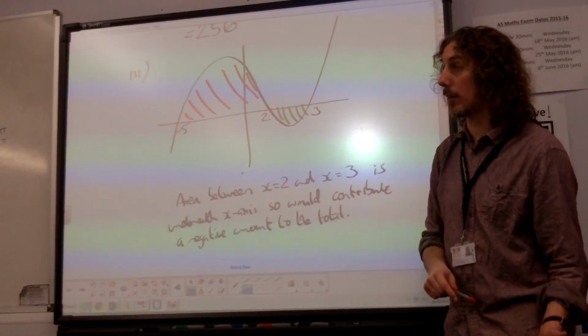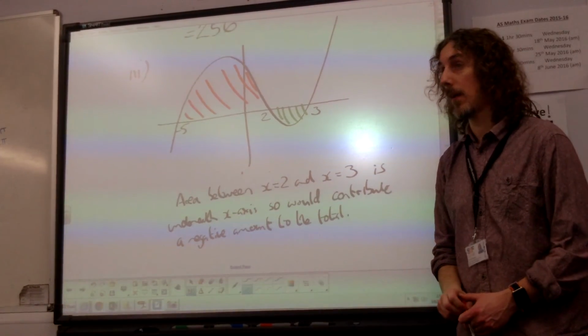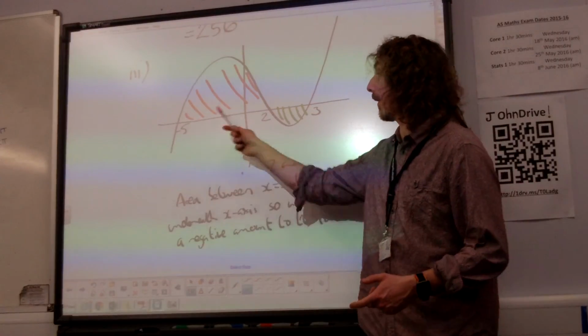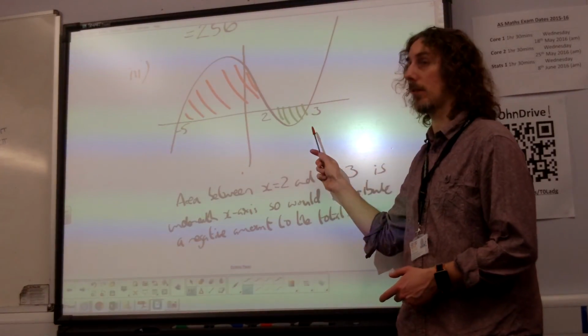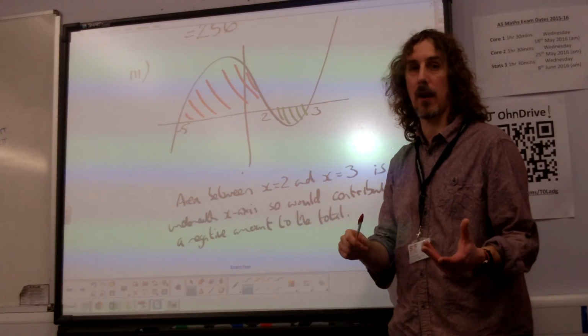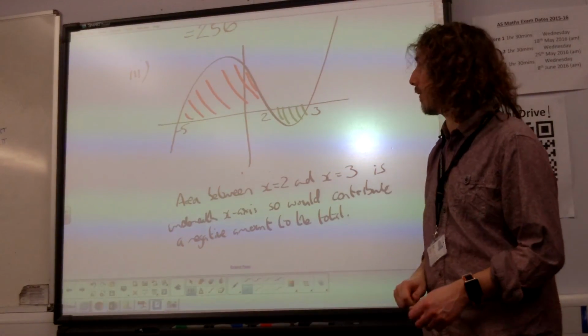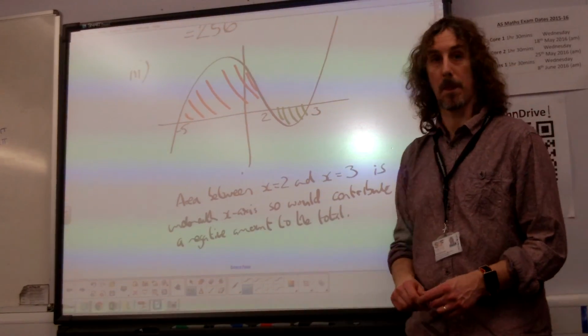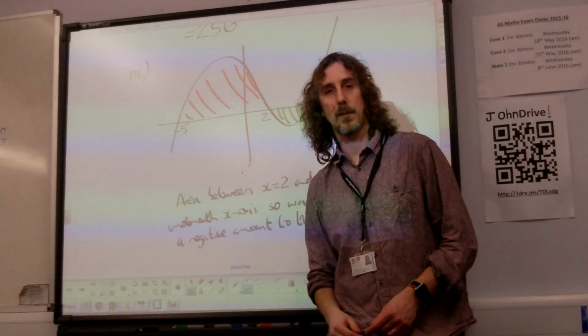What they didn't want you to do is say, to calculate the exact area, you need to do the integral from -5 to 2 and the integral from 2 to 3, because that's not what the question asks for. It's not how to get the right area, it's why is your area not the right area. All right. And that's maths. Thank you.